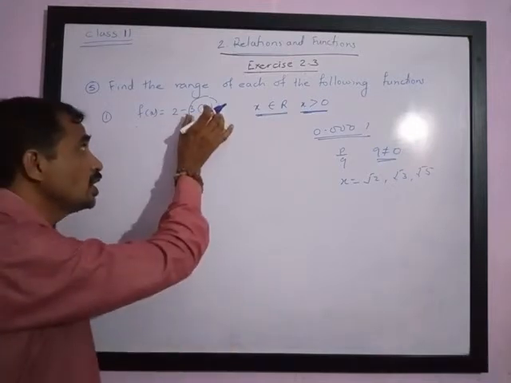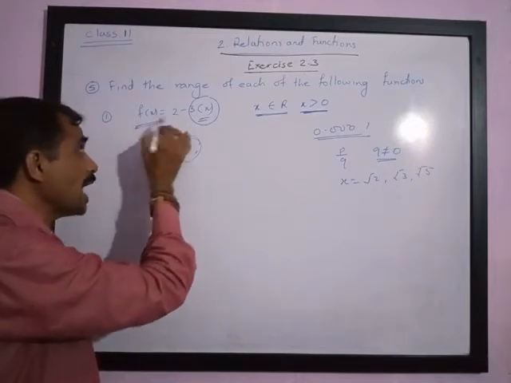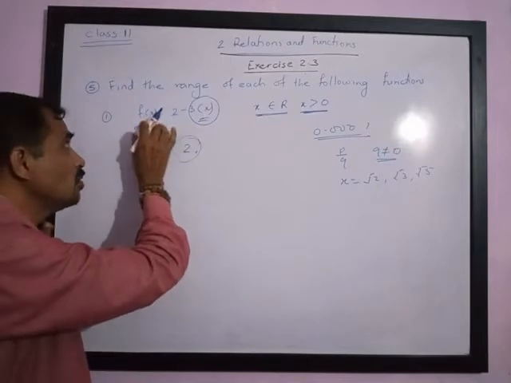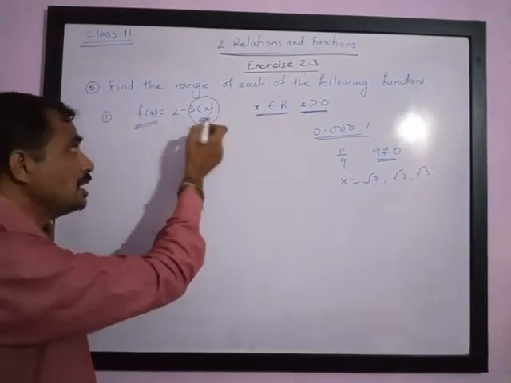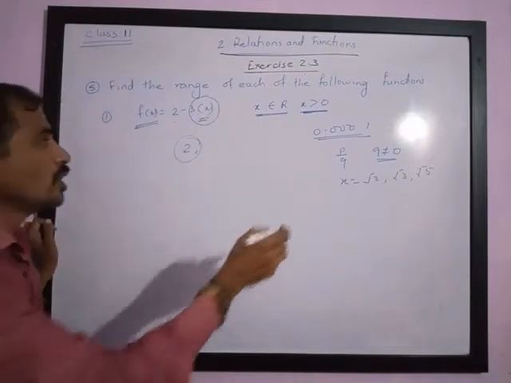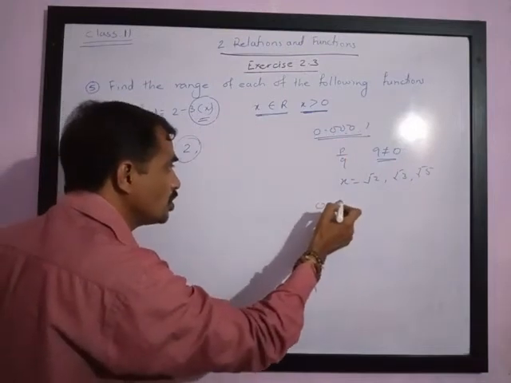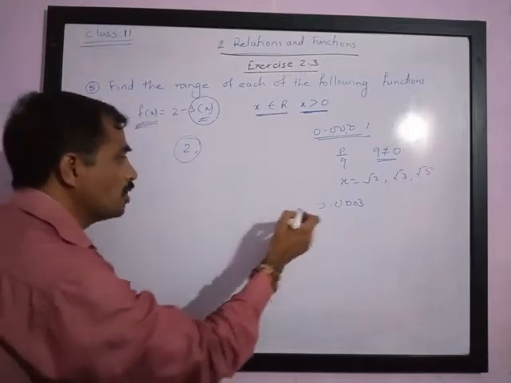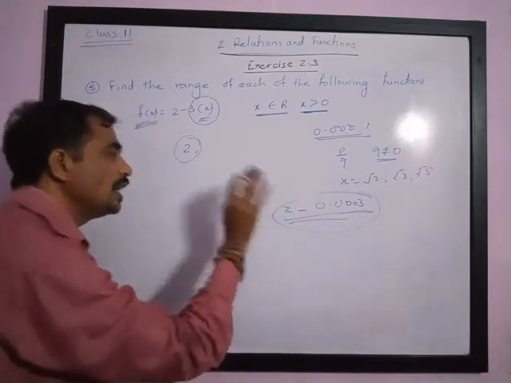It means f of x can have the value 2 minus something, so f of x will definitely have a value less than 2. If you take 0.0001 into 3, you will get 0.0003, and hence f of x will have the value 2 minus this. You can understand 2 minus this is definitely less than 2.